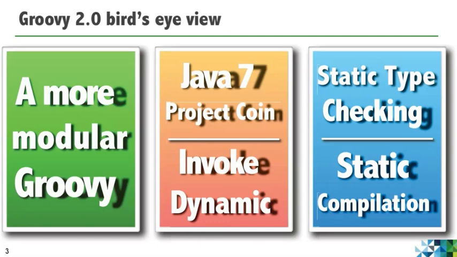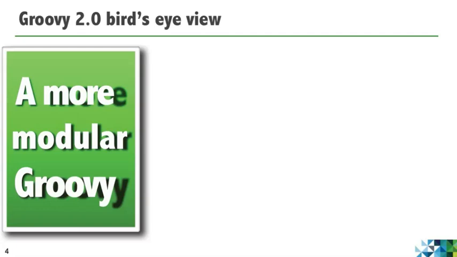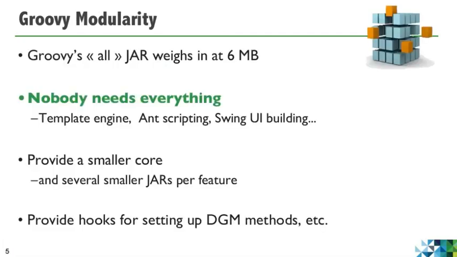So first of all, let's speak about modularity. If you take the Groovy all jar, as we call it, it's about 6 megabytes, so it's already quite big, but it contains quite a bit of things, because Groovy is not just a language, but it's also a set of APIs.